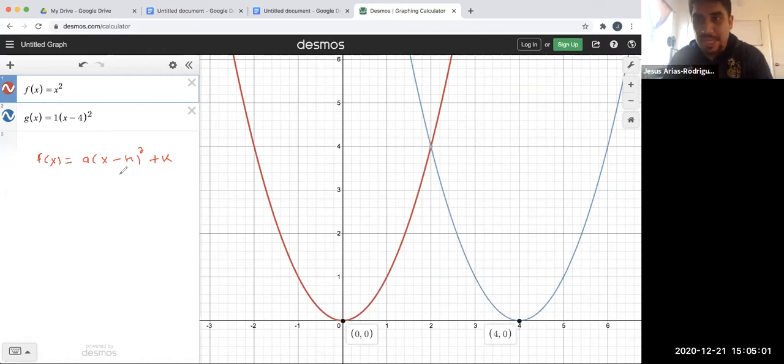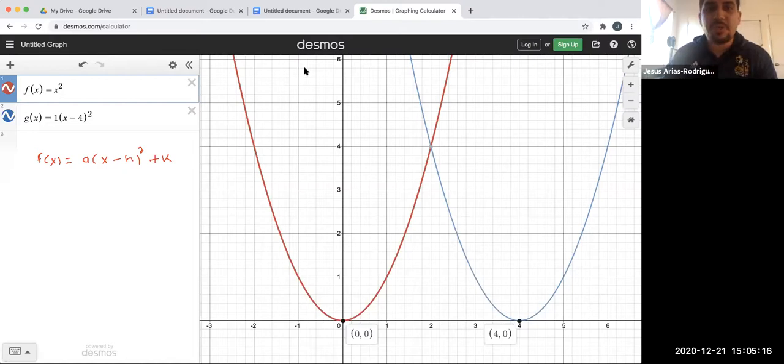We can't possibly change it. We can't possibly modify it as it is right now. So check it out. If I'm choosing this equation, and let's say that I want to choose a value of h that is positive, what would happen is the following.